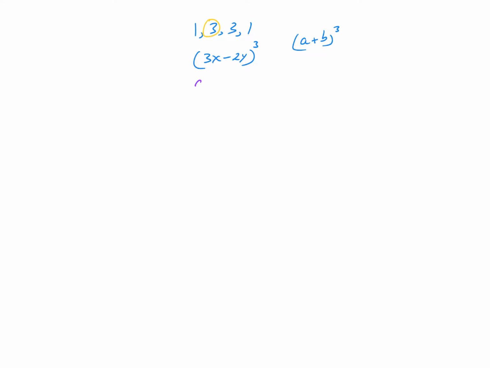Well, a now is equal to quantity 3x. B now is equal to quantity negative 2y. N is, of course, 3, but that's obvious. Now, you might be wondering why b is negative 2y instead of 2y. Well, mentally, I made a switch here, and I'm considering this addition, 3x plus negative 2y, all raised to the third power.